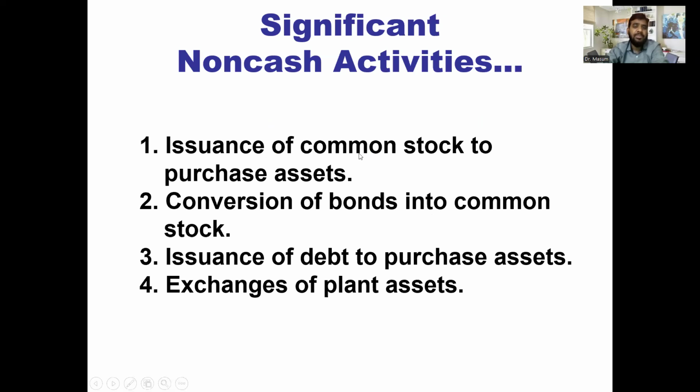Non-cash activities: issuance of common stock to purchase assets. That means you buy some assets by issuing common stock. So it is not cash. Conversion of bond into common stock. So it is also not cash, because a bond means loan. Loan is converted into a stock. A stock means ownership.